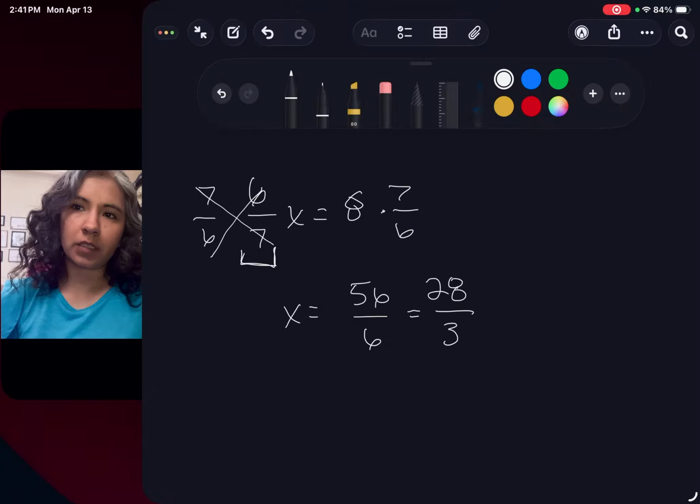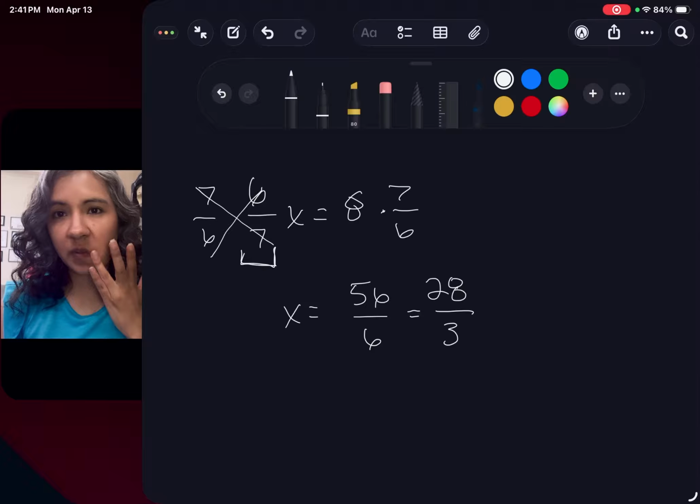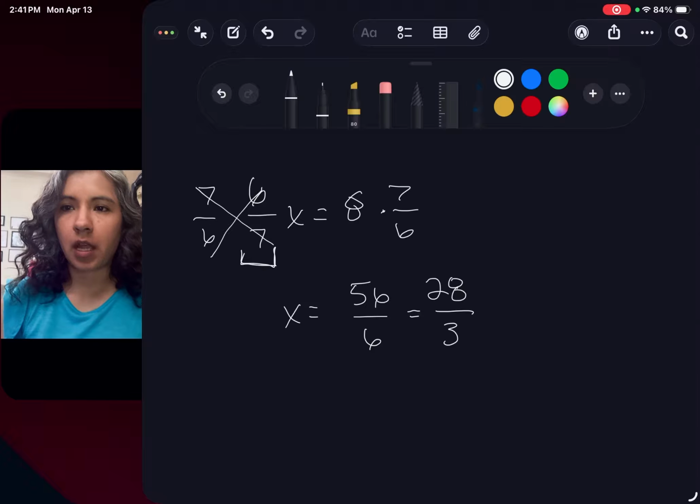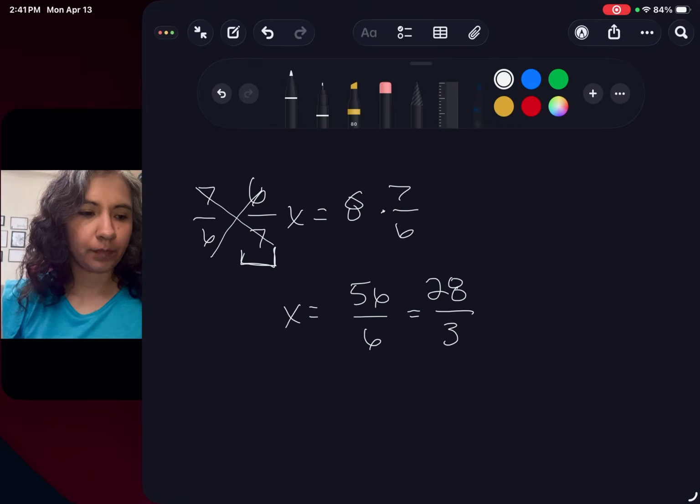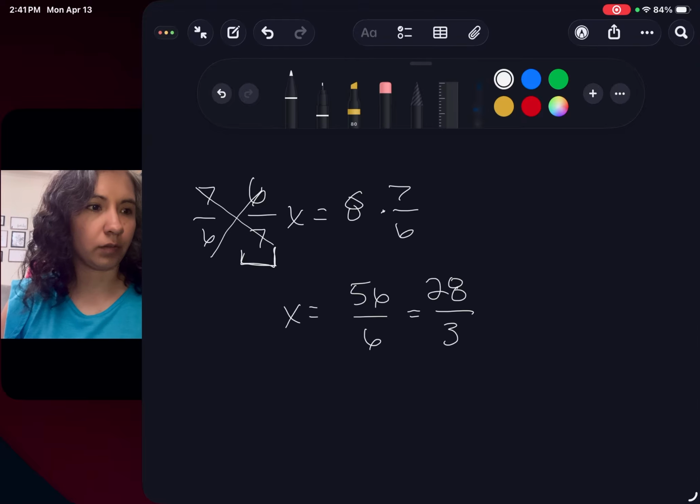So whenever we solve an equation like this that has a mixed number coefficient, we're going to convert that mixed number into an improper fraction as the first step, and then multiply both sides by the reciprocal to balance out that equation and get the variable by itself to figure out what it's equal to.